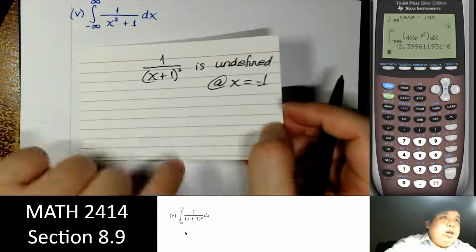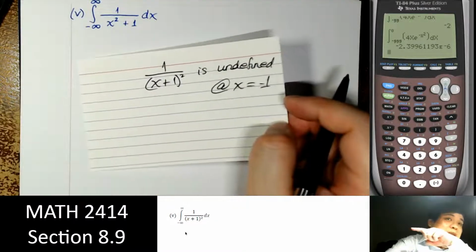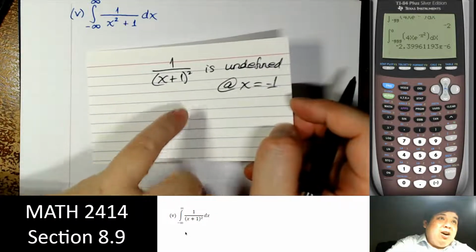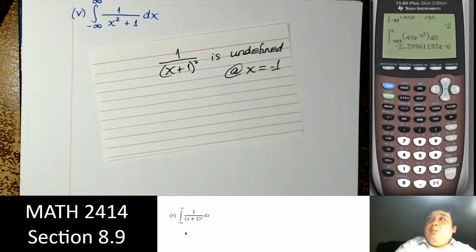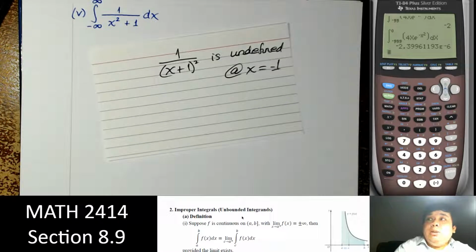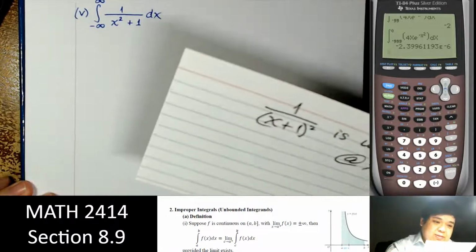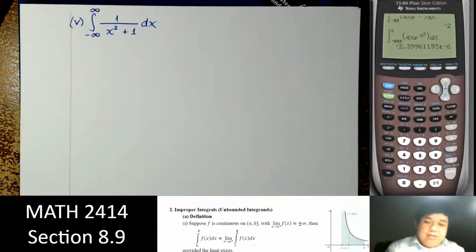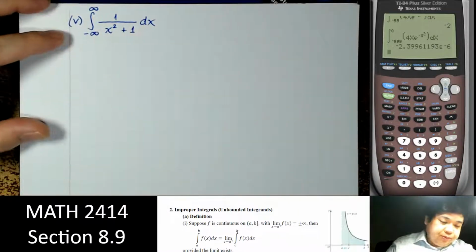So we cannot do that prompt because there's an undefined point. That is the second type of improper integral, where we have something that is undefined in the middle. We cannot do that yet.